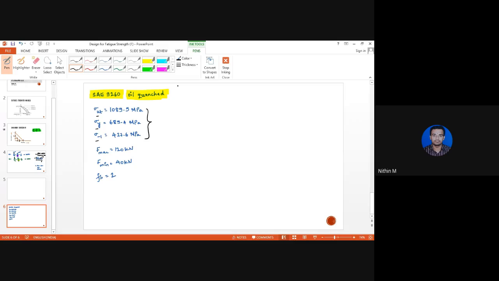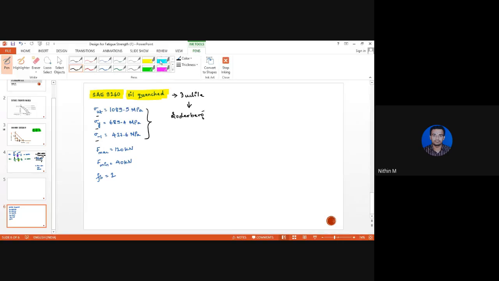Now, since the material that is given is steel, you should understand that it is a ductile material. The material is ductile in nature. Now, what if the material is ductile? Since the material is ductile in nature, we should make use of Soderberg criterion. If the material is brittle in nature, we will make use of Goodman criterion. So if the material is ductile, we will make use of Soderberg criterion.